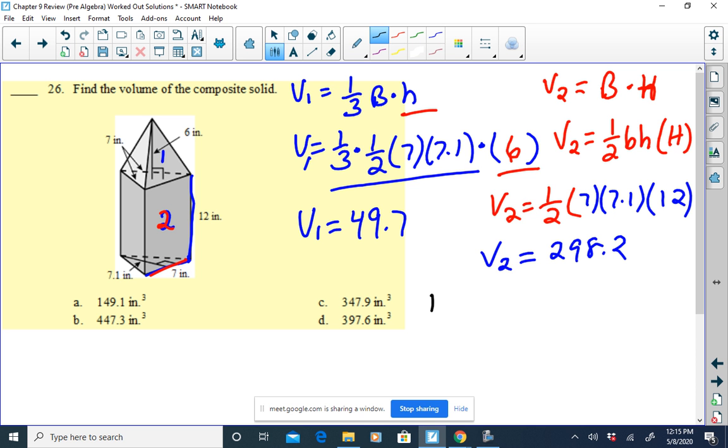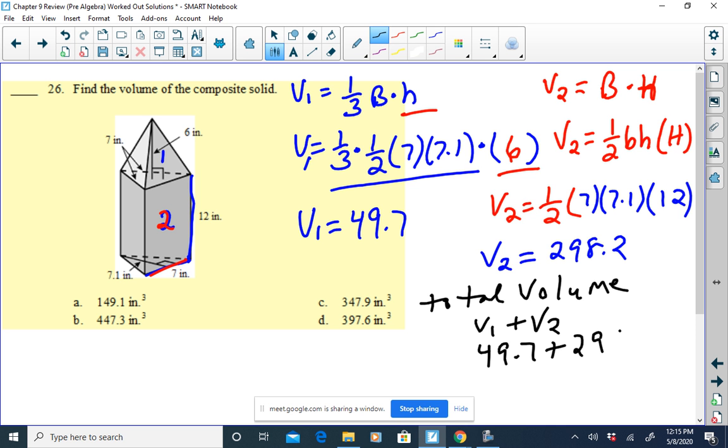And then we need the total volume, which is V1 plus V2. So that's 49.7 plus 298.2, and that's where we get the volume, 347.9 cubic inches.